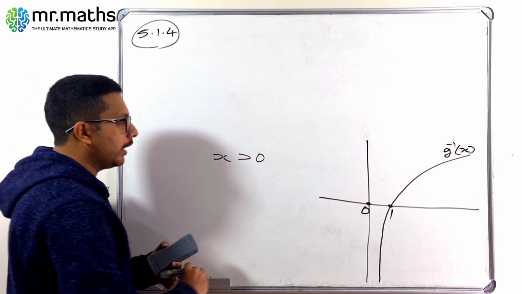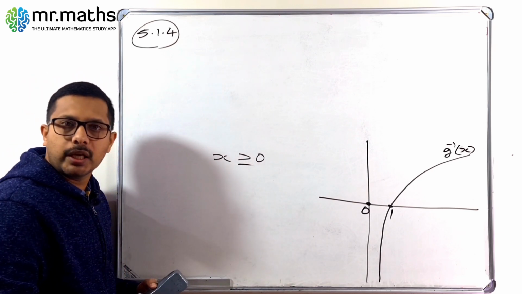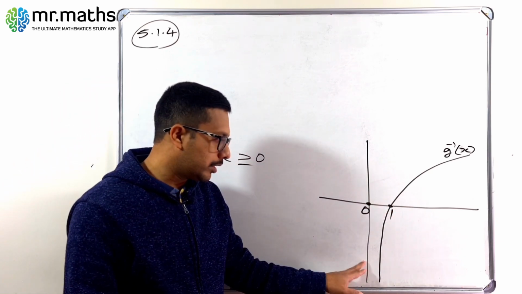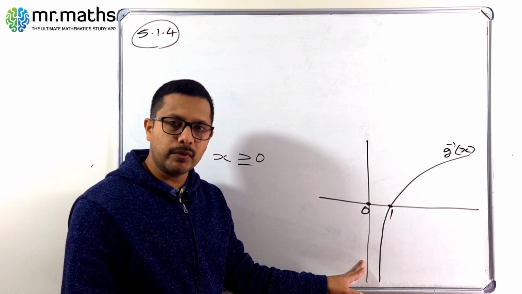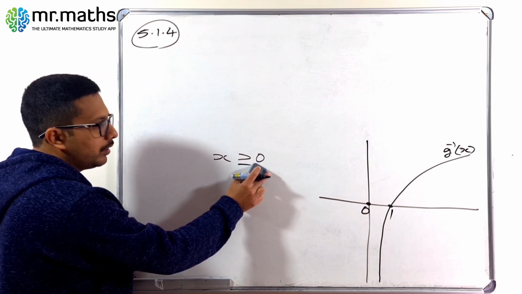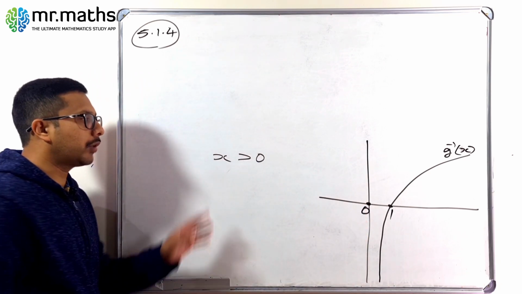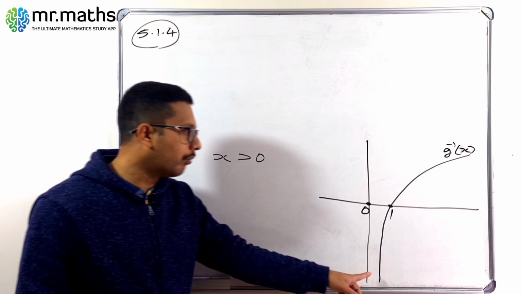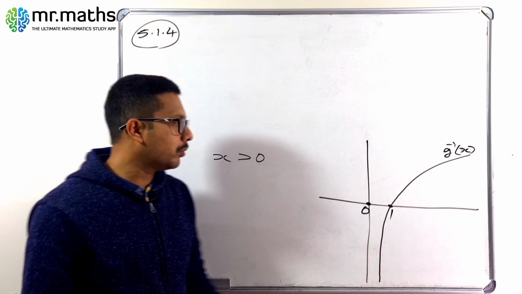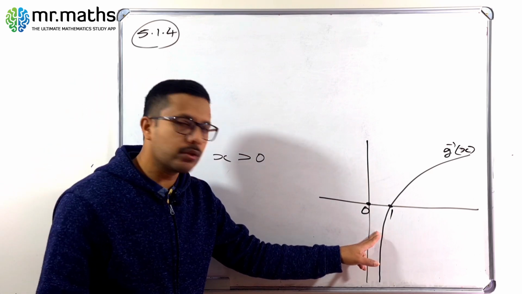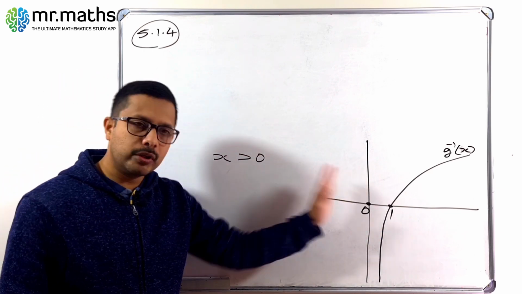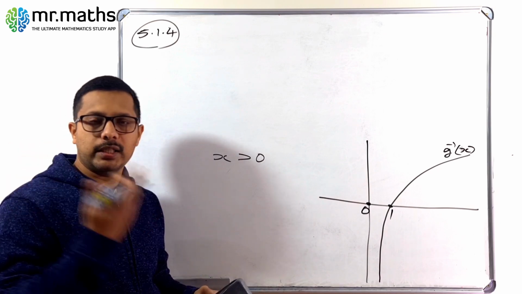If you write greater than or equal to, that is wrong, because this graph never touches the y-axis, which is x equals 0. Do you understand that one? So the domain of the g inverse of x graph is x greater than 0, because it won't go on the negative side.